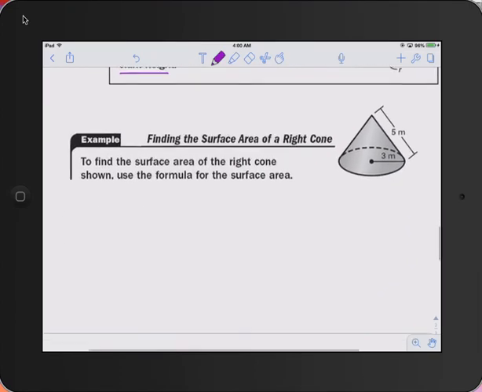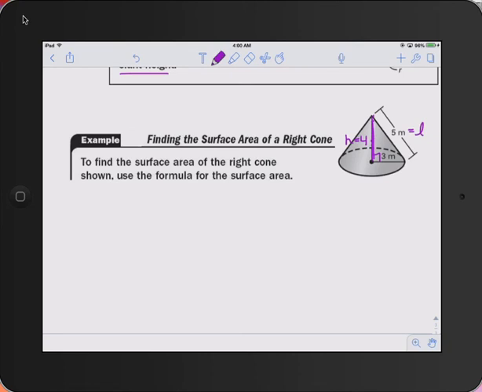Okay, so for this cone, I want you to notice that if we needed the height of this, which we don't, but we would if we were doing volume, when you drop this perpendicular, this is a right cone. So that height right there would be perpendicular to the base at the center of the circle. And this is a 3, 4, 5 Pythagorean triple. So if you needed the height, it would be 4. Now this is the slant height over here.